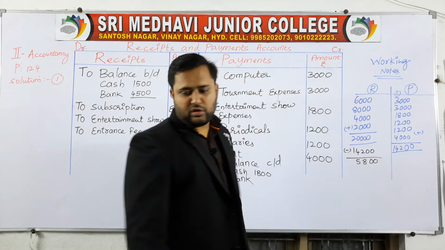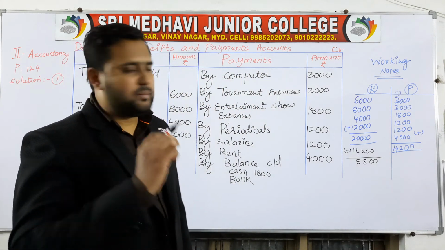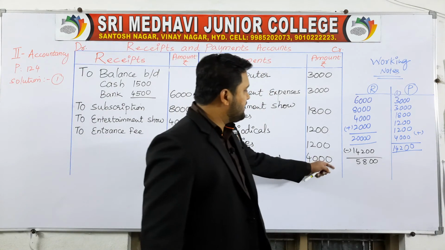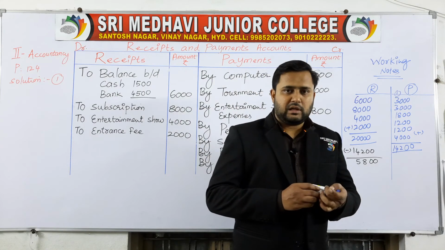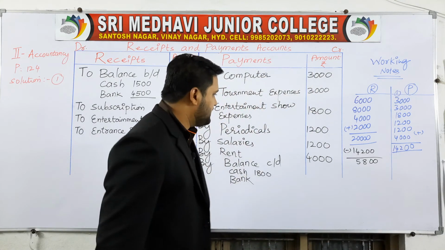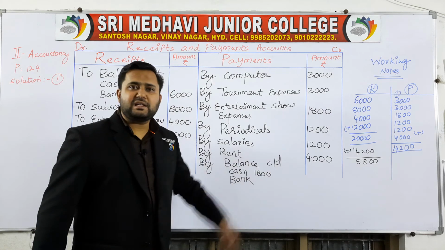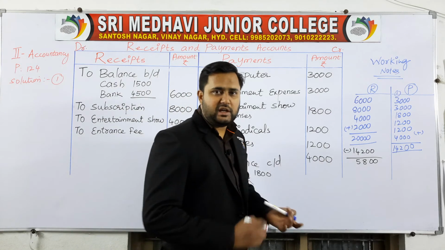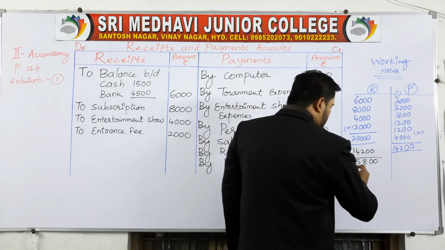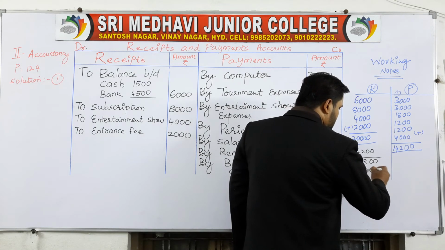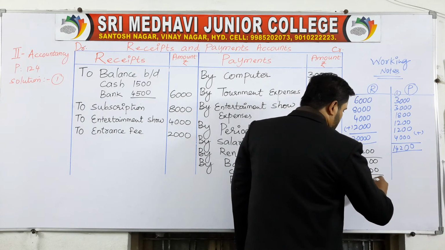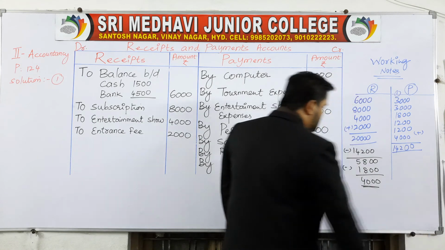The balance is 5,800. Now minus the cash balance of 1,800 from this 5,800, and you will come to know the answer. So bank balance is 4,000.